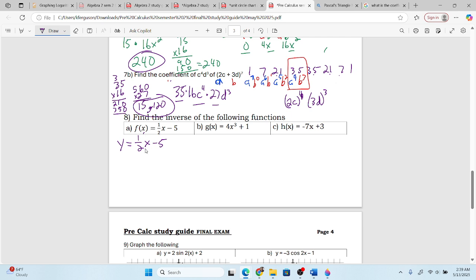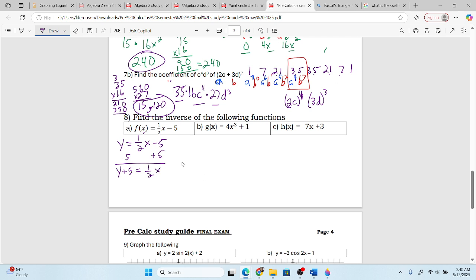Right? So what I want is x by itself. So first I'm going to add 5 to both sides. So that's y plus 5 equals 1 half x.